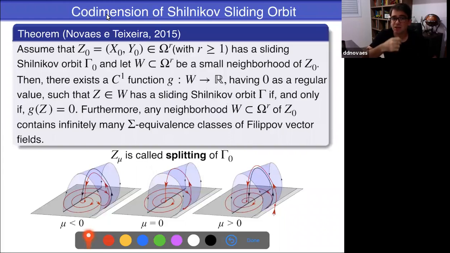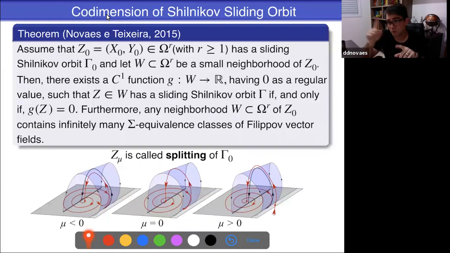This means that in order to break the connection, that means in order to leave this codimension 1 manifold, I need just one parameter. So we can define a curve Z mu inside W that crosses this codimension 1 surface passing through Z0.